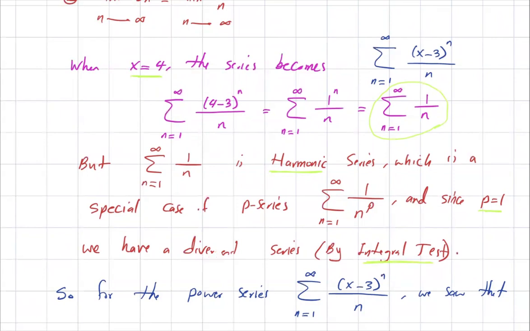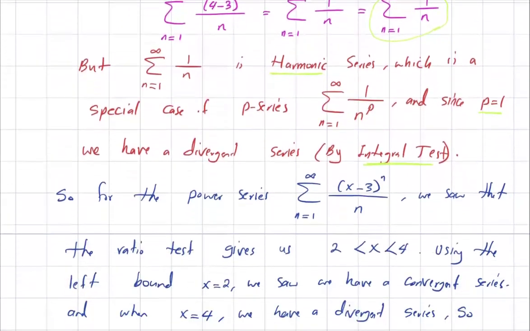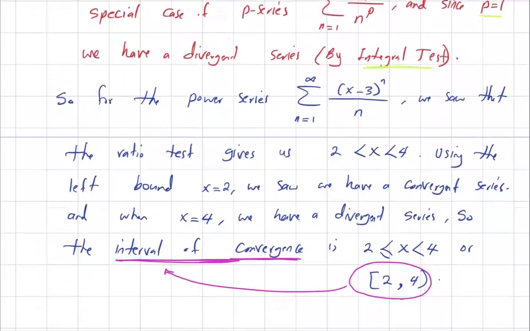So we have to ignore the right bound, and the interval of convergence includes 2 and excludes 4. The interval of convergence can be written as a half closed, half open interval, 2 to 4.